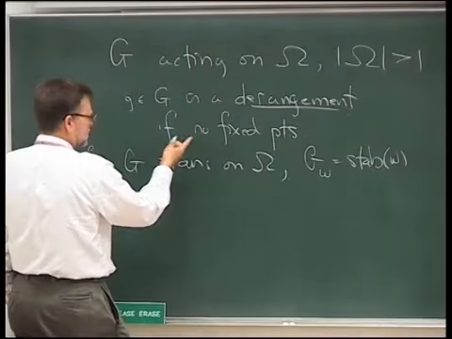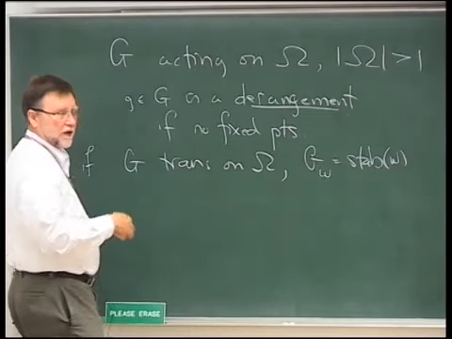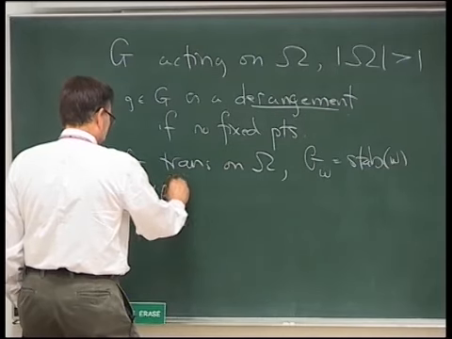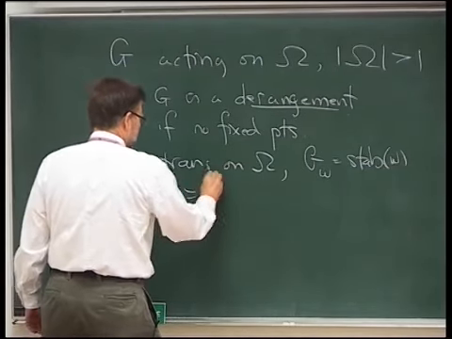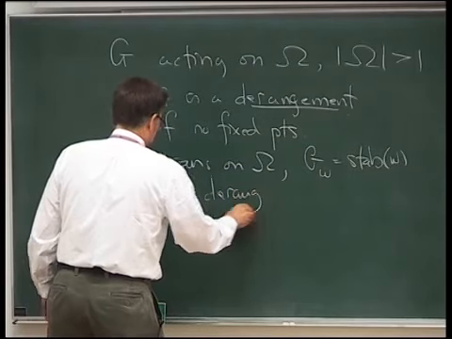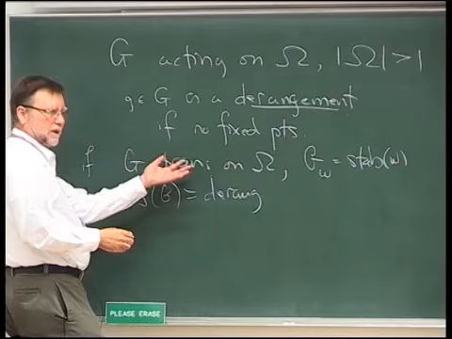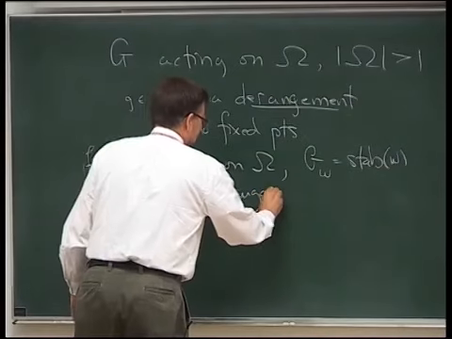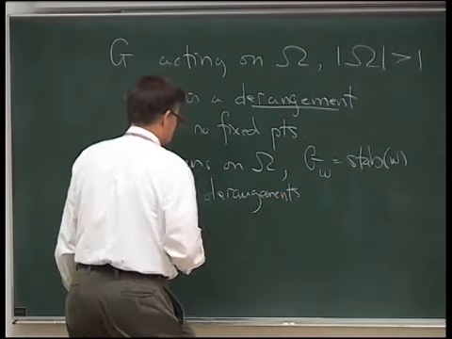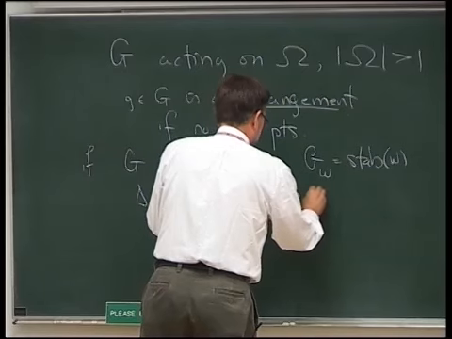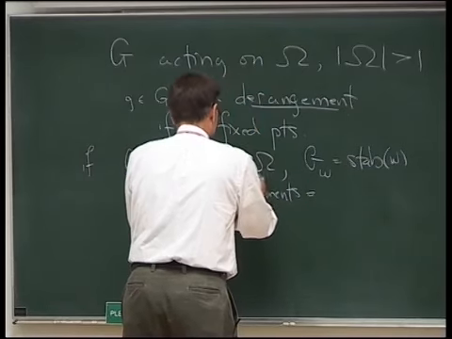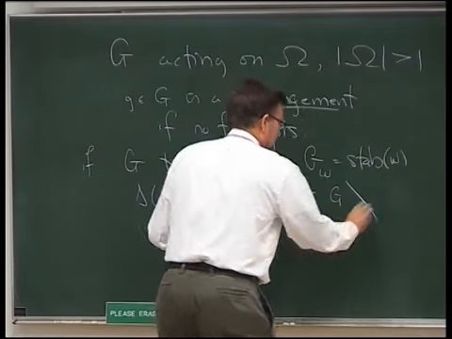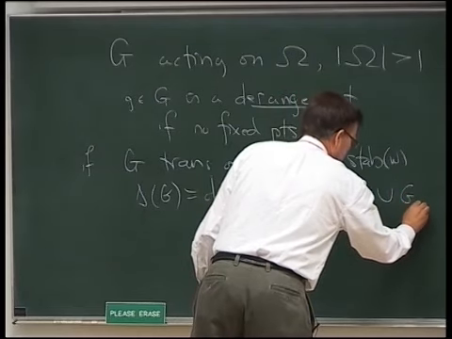To say the derangements are just the things that are not conjugate to a subgroup of G_omega. So let delta of G be the set of derangements. I really should put in omega here, but I'm going to just assume we know what the action is. And so that's just G, and then you throw away the union of the conjugates.